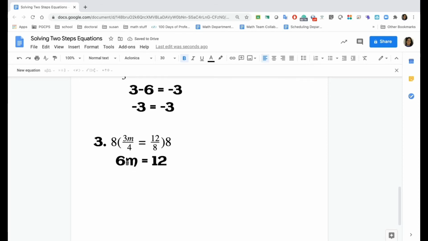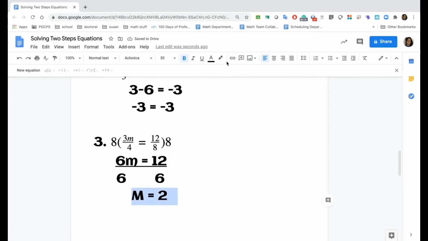Now we undo multiplication, so divide both sides of the equation by 6. And the right side will be divided by 6. So the final answer now will be m is equal to positive 2.